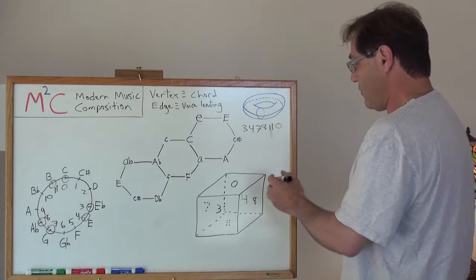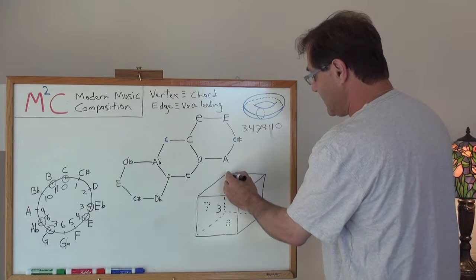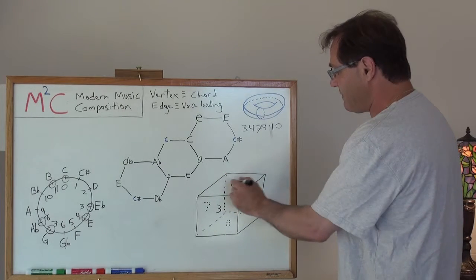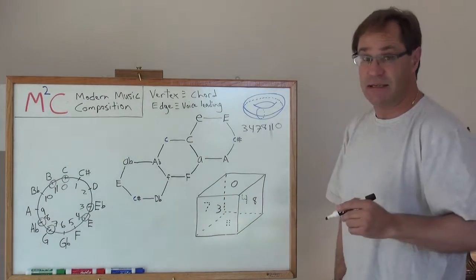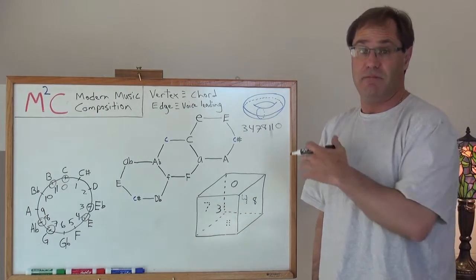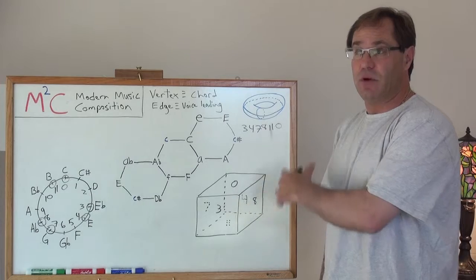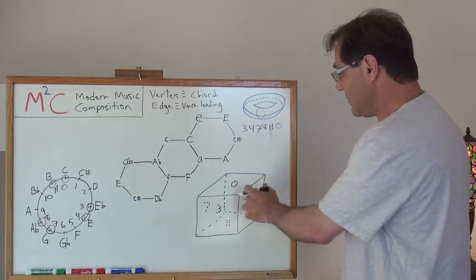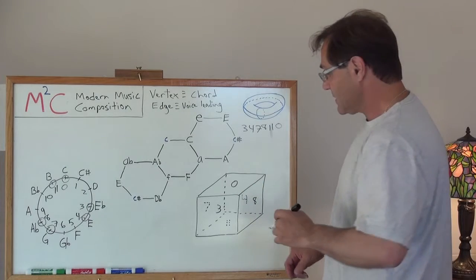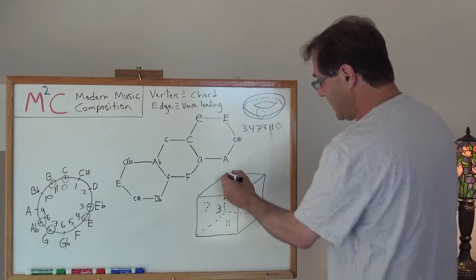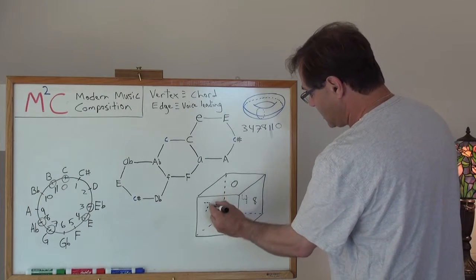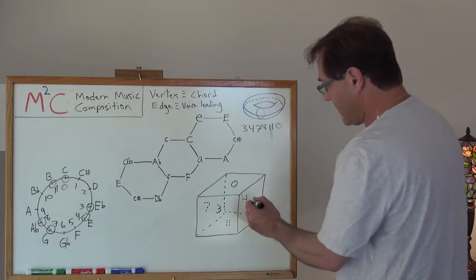So the way we calculate each vertex is by taking the faces adjacent to the edges coming out of that vertex. You just take the numbers on the adjacent faces. For example, if I want to calculate this vertex right here, I would take 0, 7, and 4. Okay?